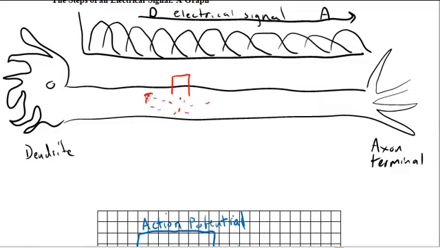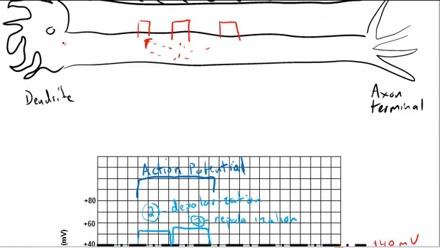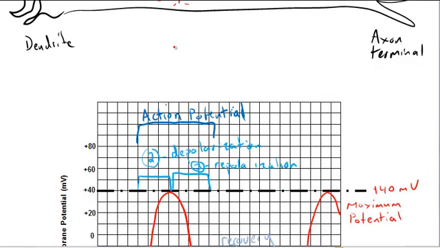So why does the signal only travel forward when there's sodium channels on either side of this? Why can't it open the ones behind? And this is really important because we want the signal to travel in one direction in order to be able to send messages. If it goes both directions, it would be confusing to our body.